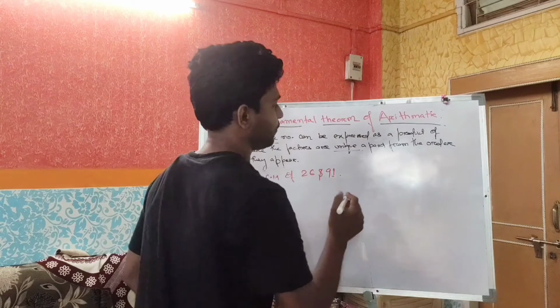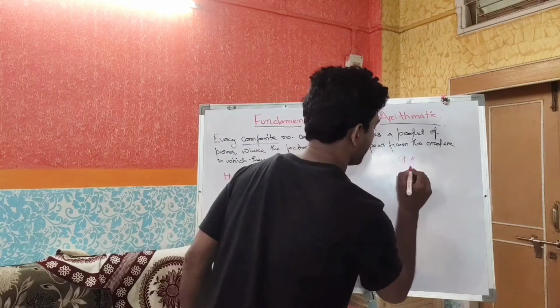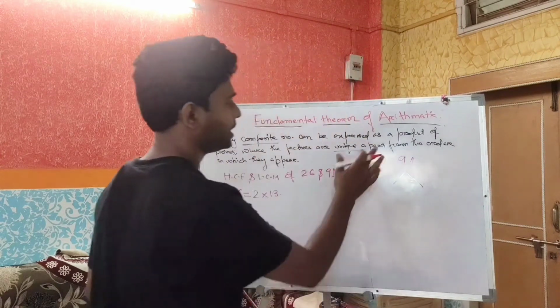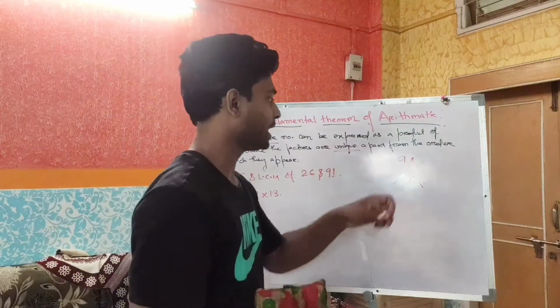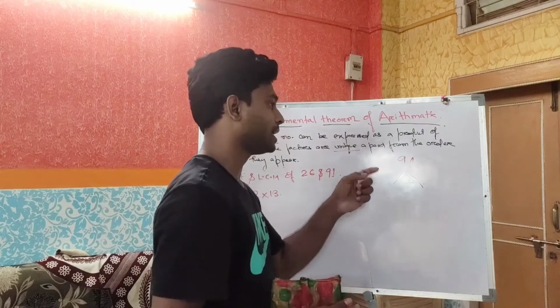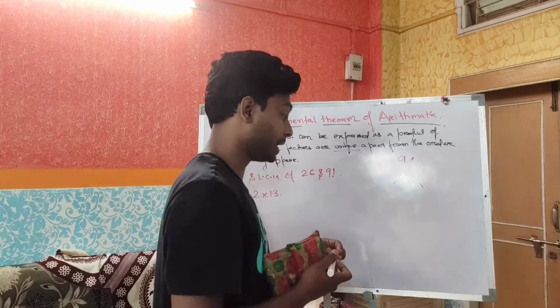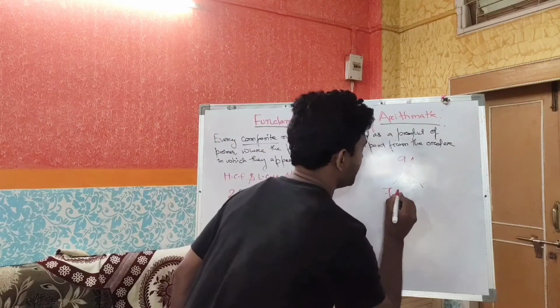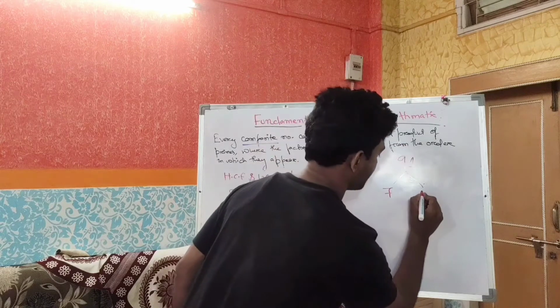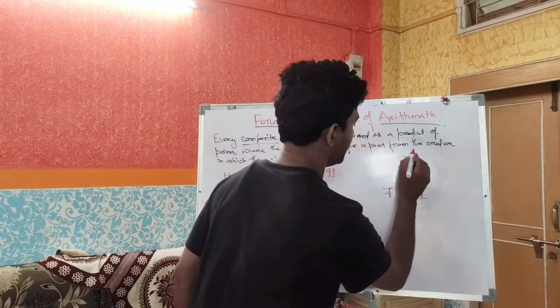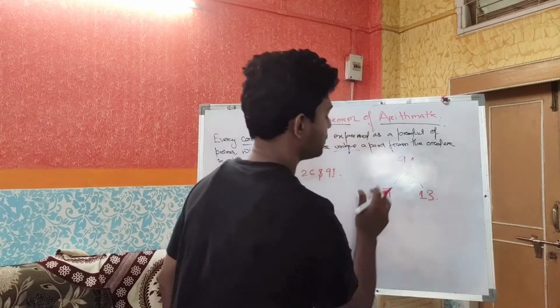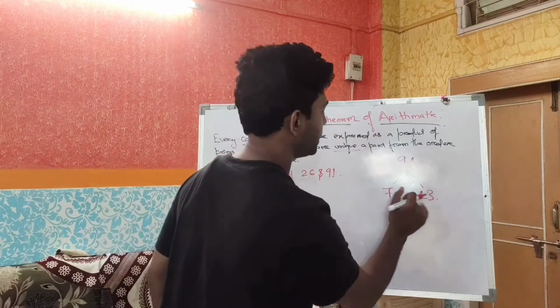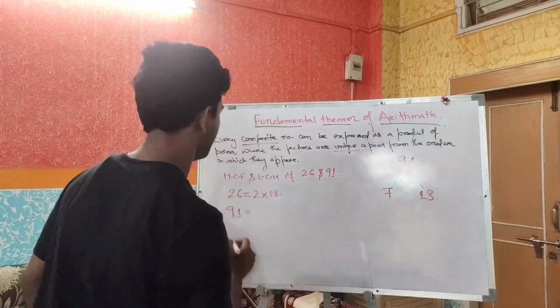Let us find the prime factors of 91. 2 does not divide 91, 3 does not divide 91, 5 cannot divide 91, 7 divides 91. 7 times 13 is 91. So 91 can be written as 7 times 13, since 13 is a prime number.